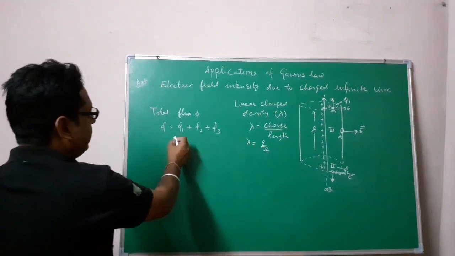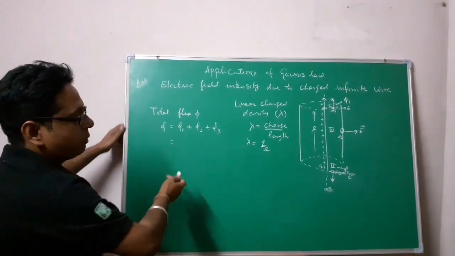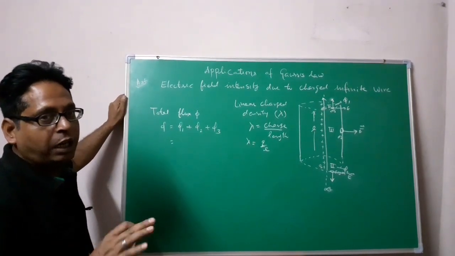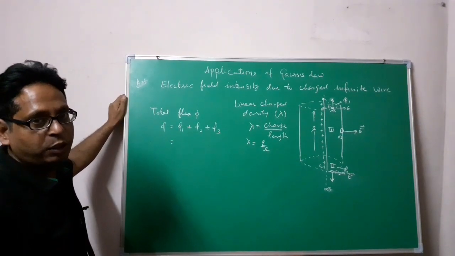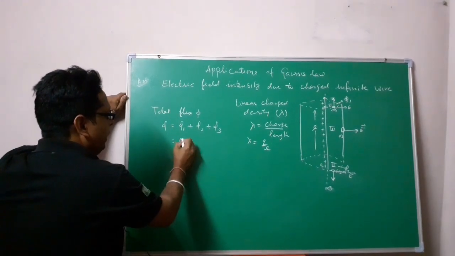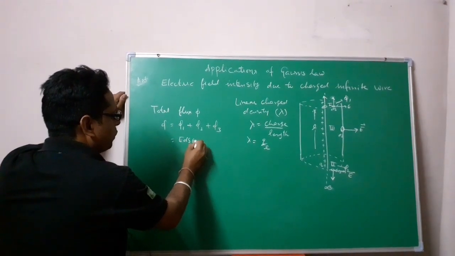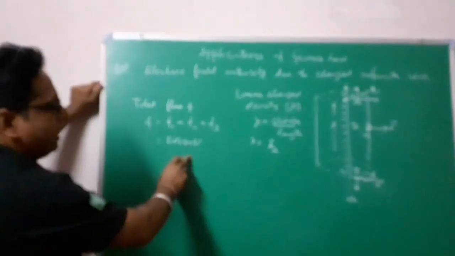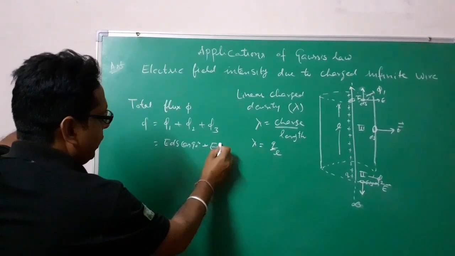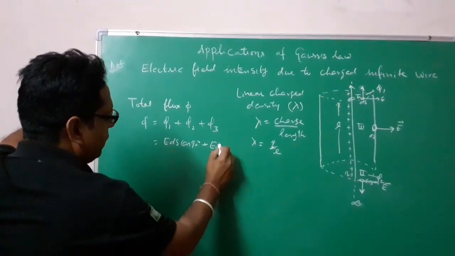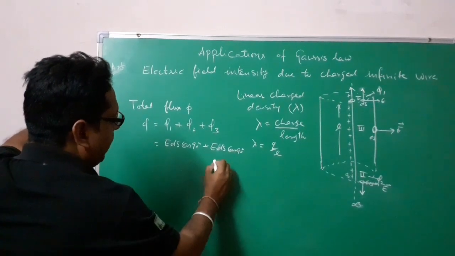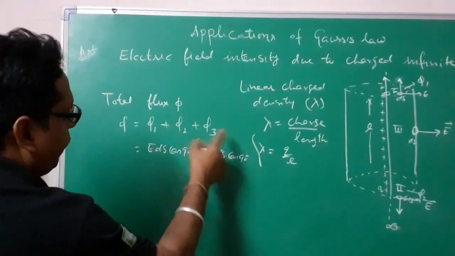So its angle theta is equal to 90 degrees, and what ultimately happens, cos 90 is 0, that means the product is 0. So this is E dS cos of 90 degrees. I am writing straight away. So this phi 2 is also E dS cos of 90 degrees, right, and plus phi 3.